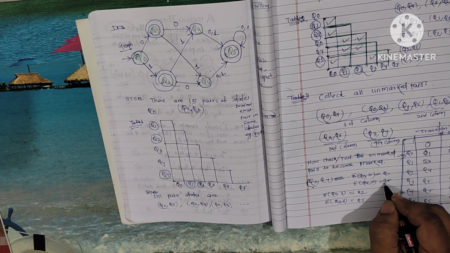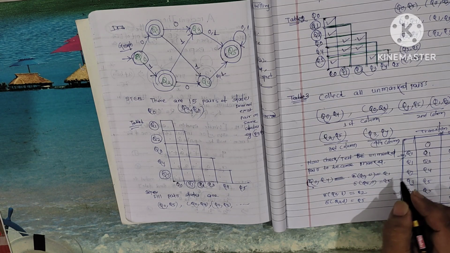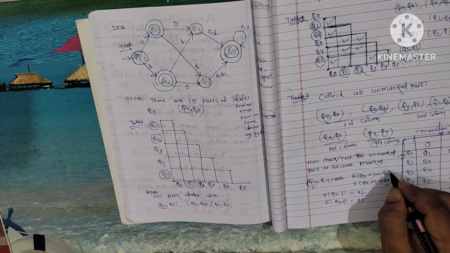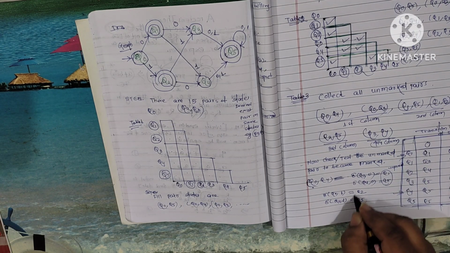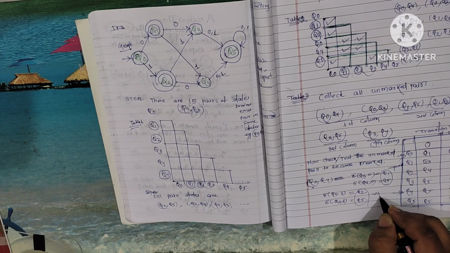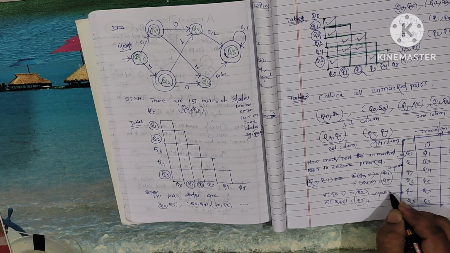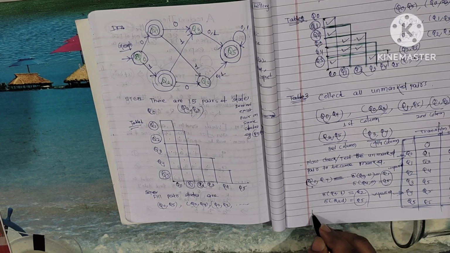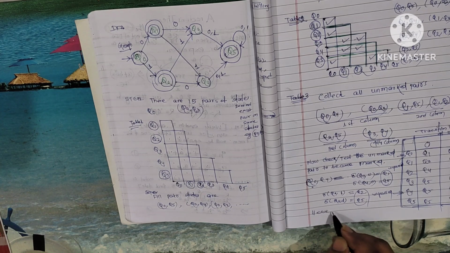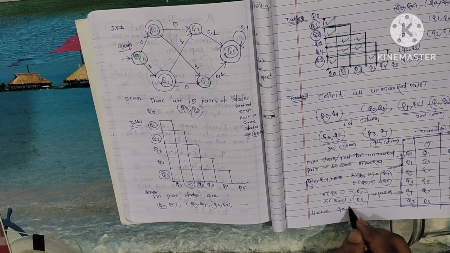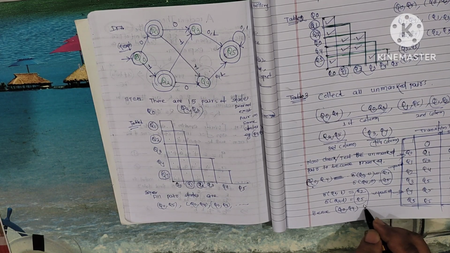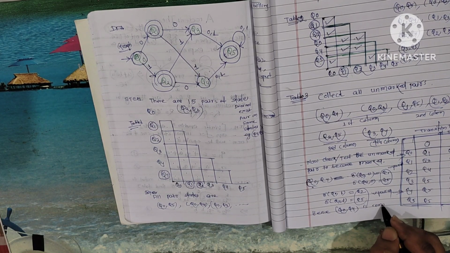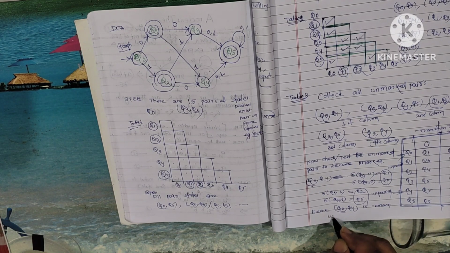So all are unmarked pairs. Hence Q0, Q4 remains unmarked.